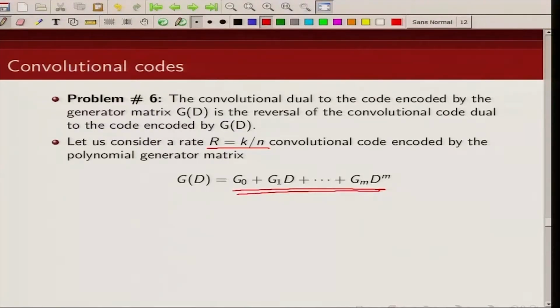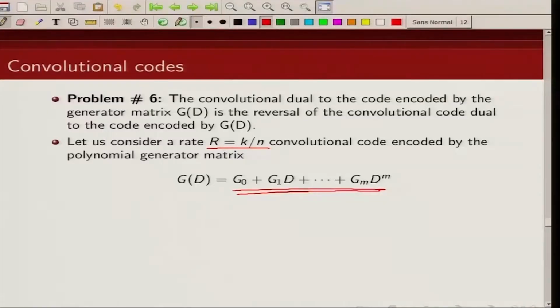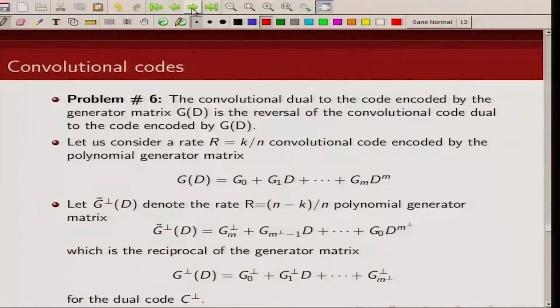We have already shown that we can find an equivalent polynomial delay free representation of any convolutional code, right. So, let us see, this is our G(D) for our original code C. Now, we define this as the reciprocal of the generator matrix.